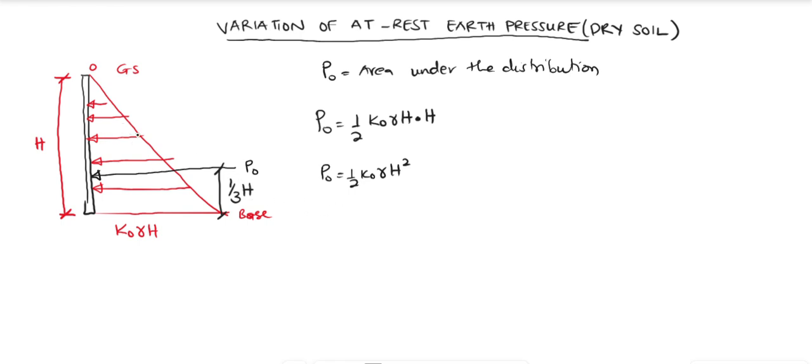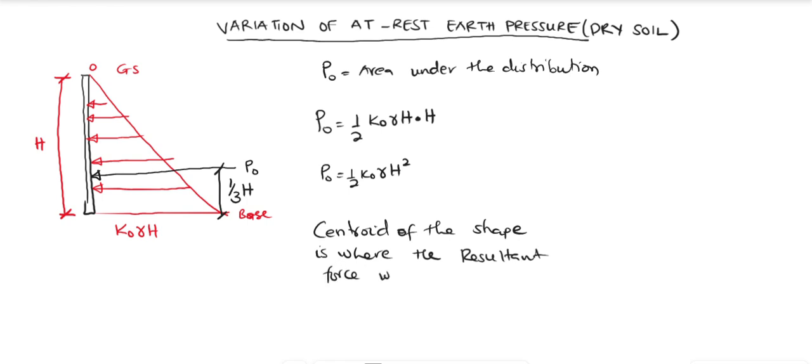Because this is a simple geometric figure, we can say that the centroid of the shape is where the resultant force will act. So the variation of at rest earth pressure when the soil has no water is this simple figure.